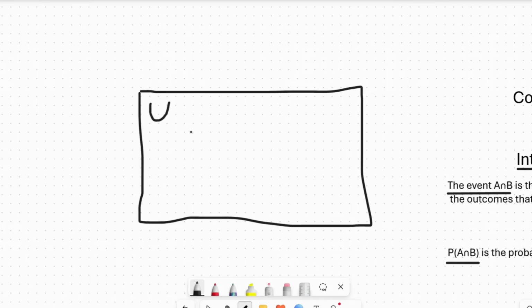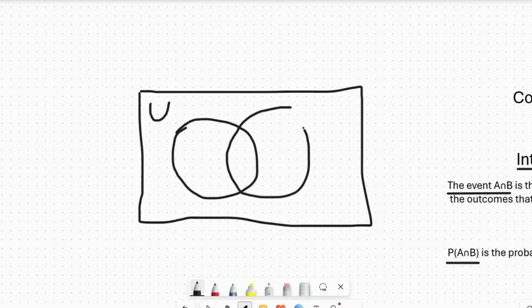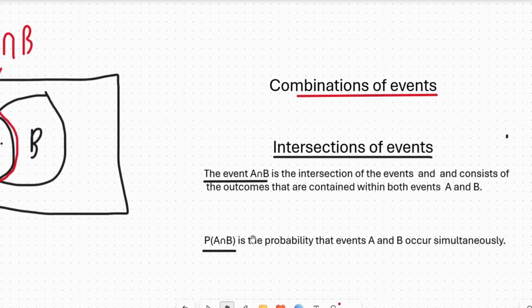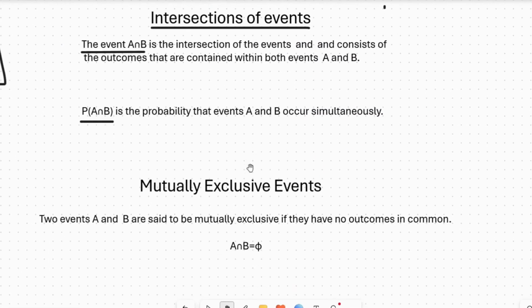This is A, this is B. A is this part, B is this part. Some values of A also match with values of B. So these values are the same for A and B, and this is A intersection B. I hope you understand. All the similar things we write in the intersection.